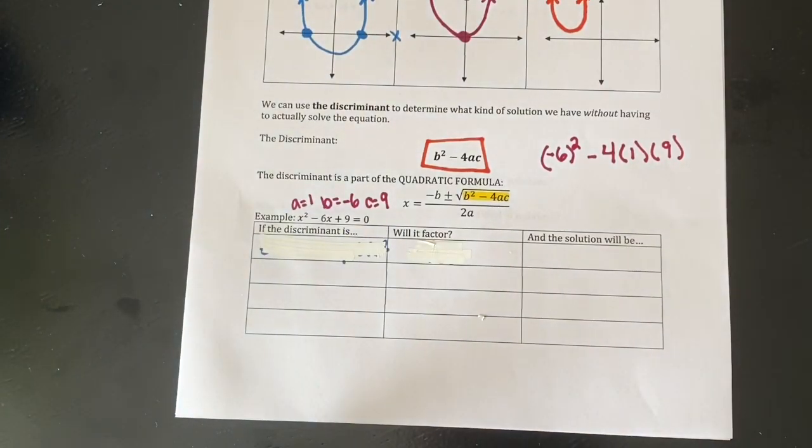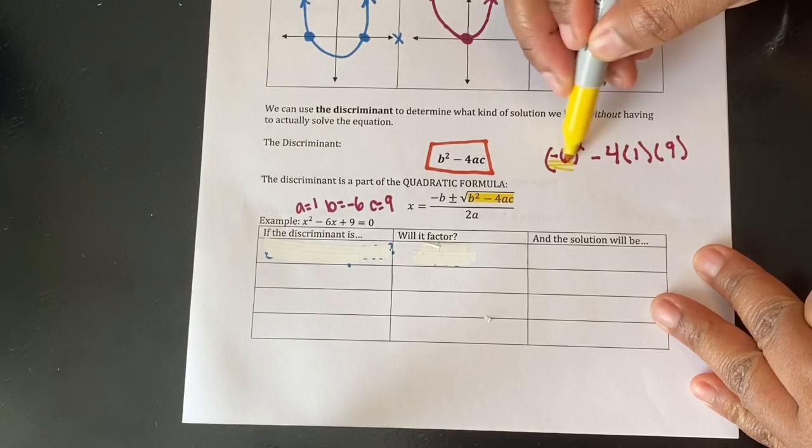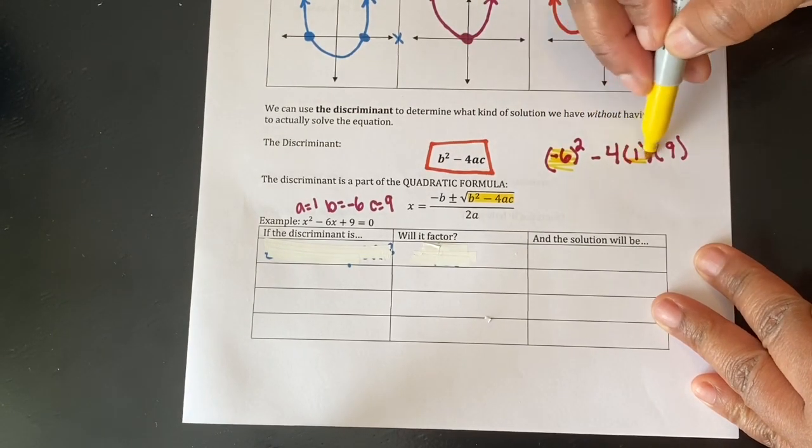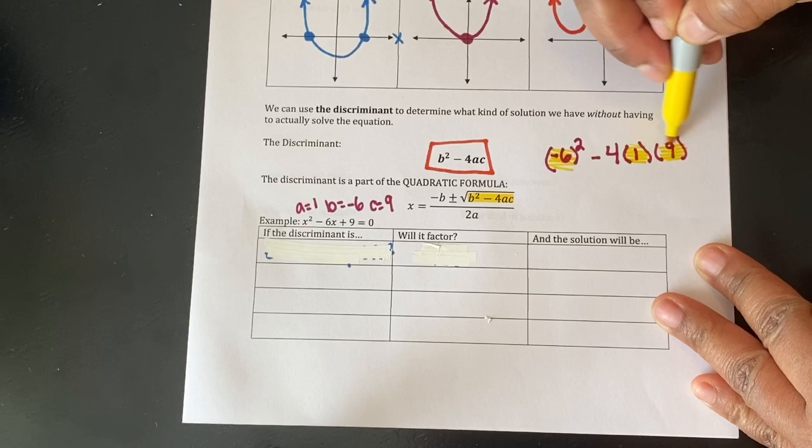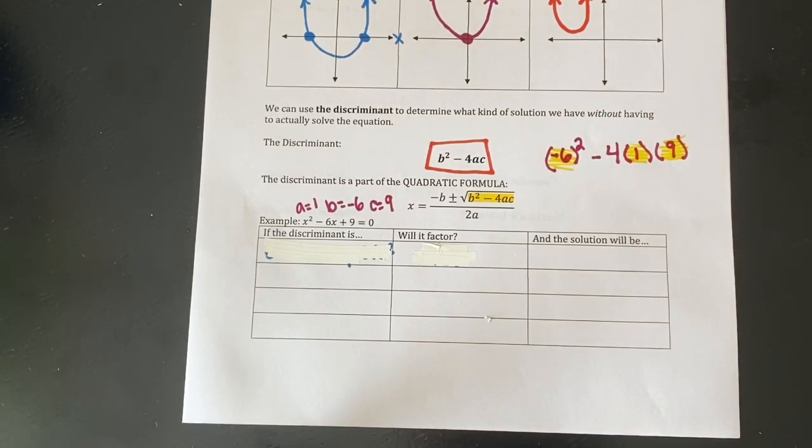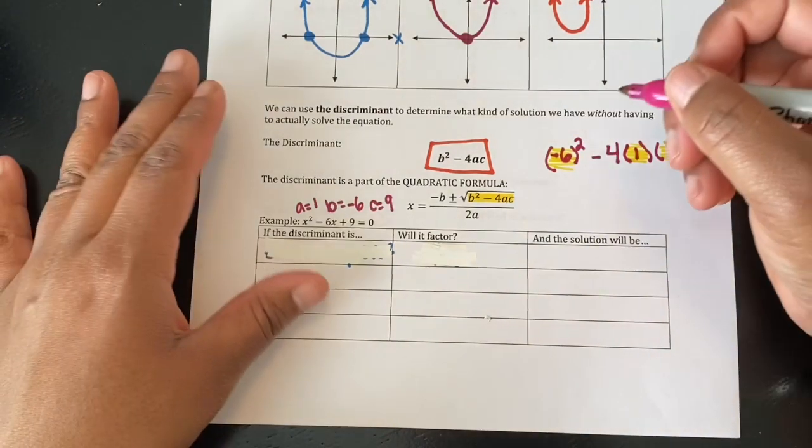All I did was plug in negative 6, 1, and 9. Identify your a, b, and c, and plug them into the discriminant.